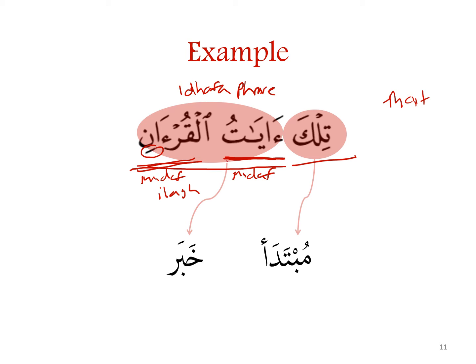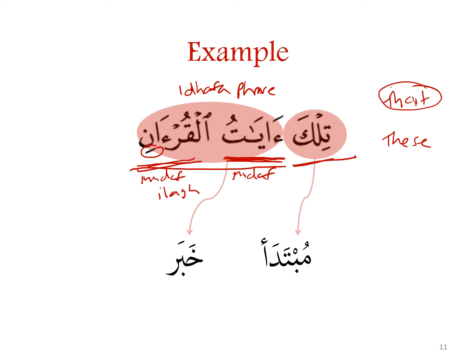But because we're referring directly to ayat, a broken plural here, we treat it as a feminine singular, meaning that we would use that, even though we're talking about many things. So you would say these when you translate.